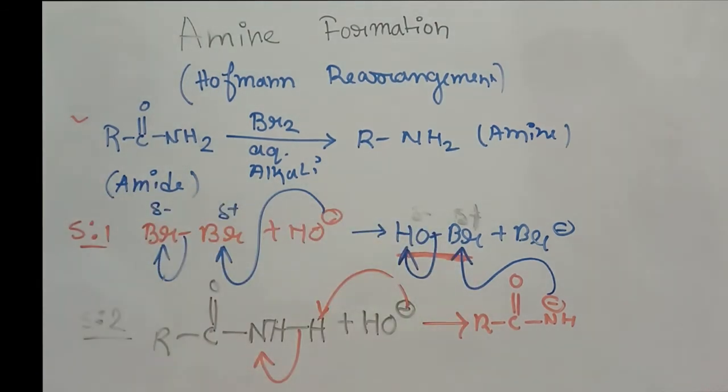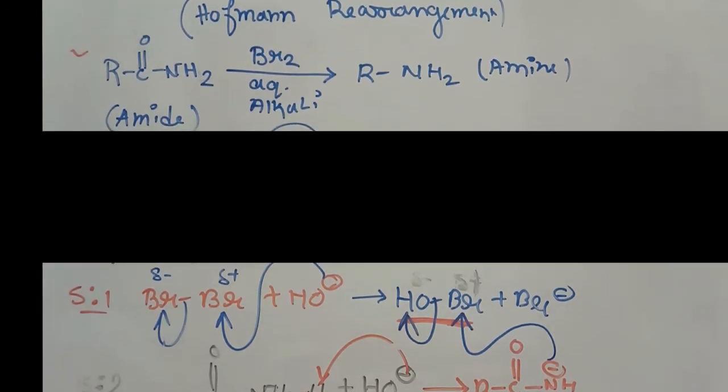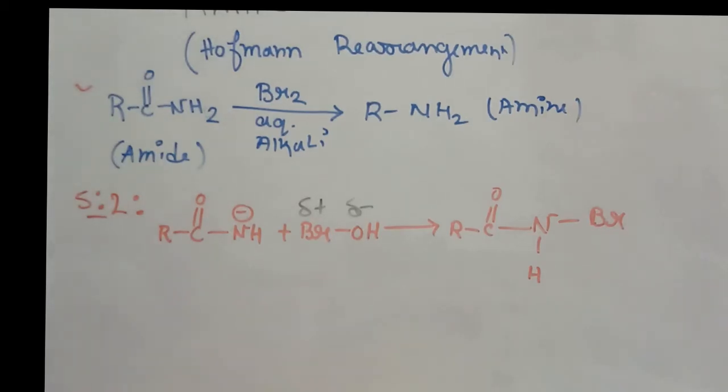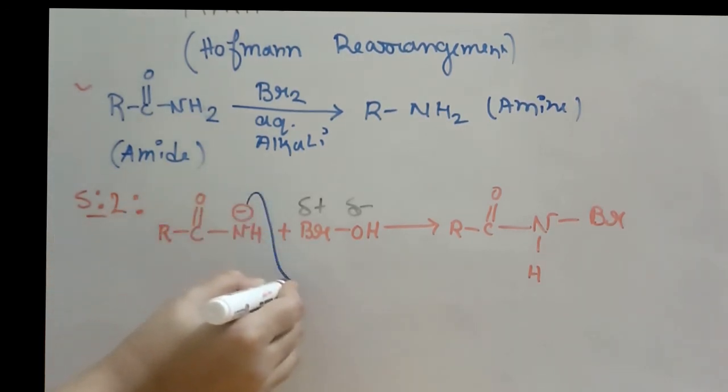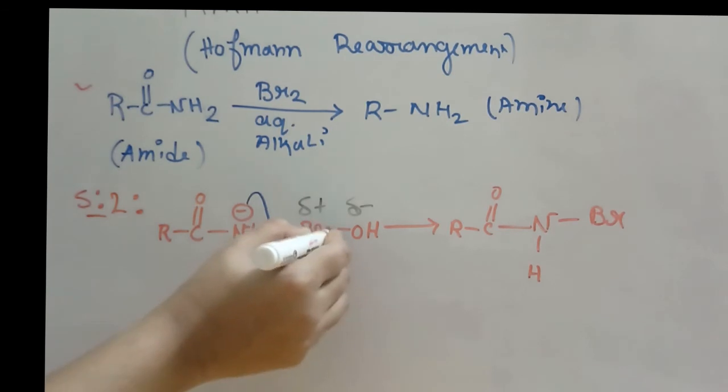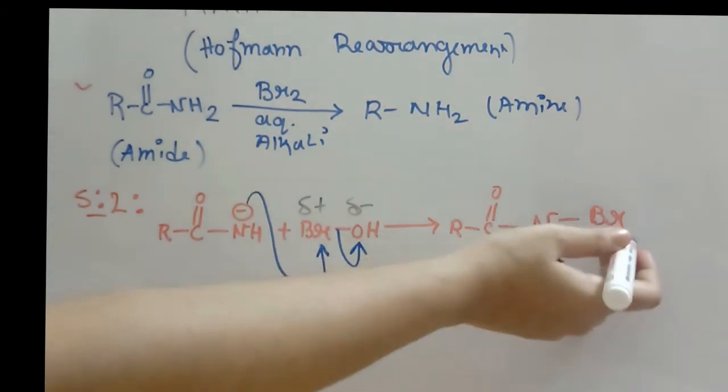So let's see the next step of that reaction. This is a continuation of step 2. The negative charge of nitrogen attacks the bromine, this bond opens up, and this forms.